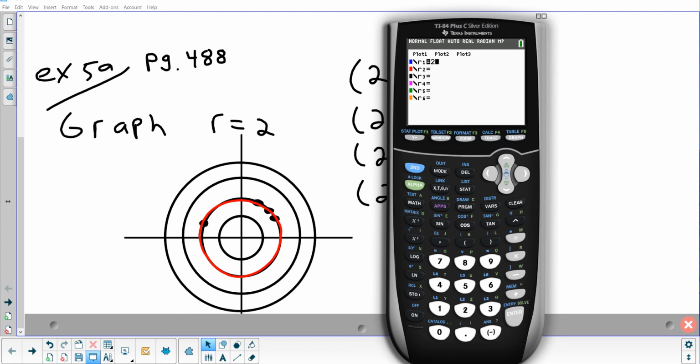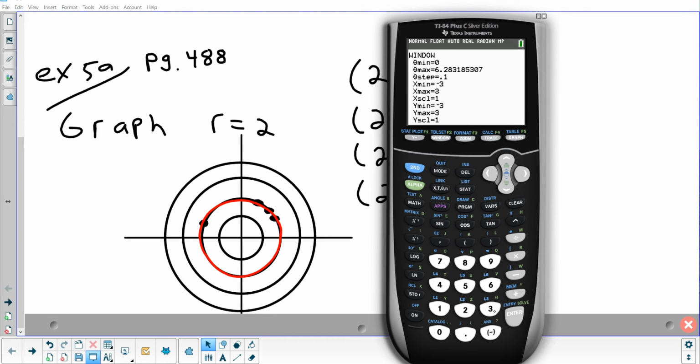And now, if you have a circle that has a radius of 2, how far left, right, up, and down does it go from the origin? Yeah. 2. It's always 2. So when I check my window, I could set my window to be like -3 to 3 and -3 to 3.